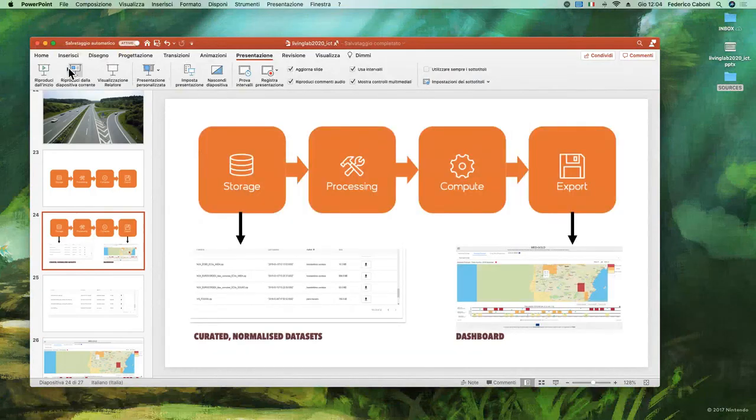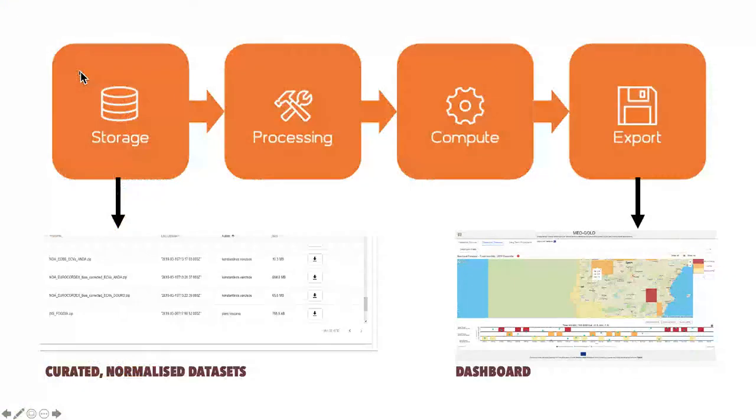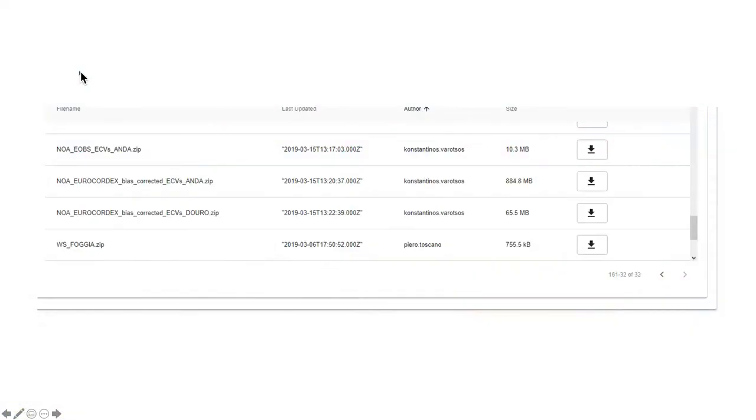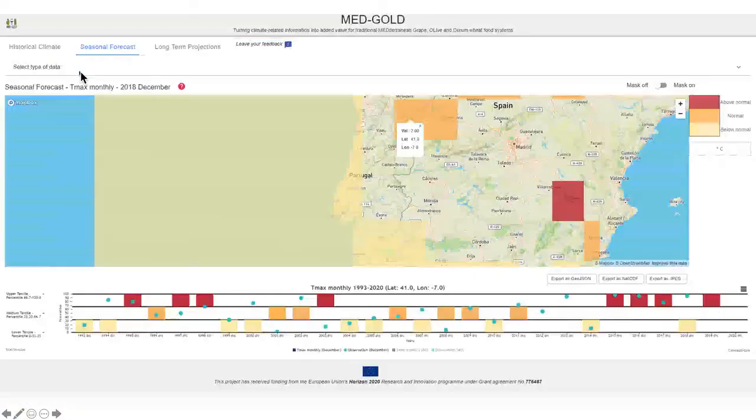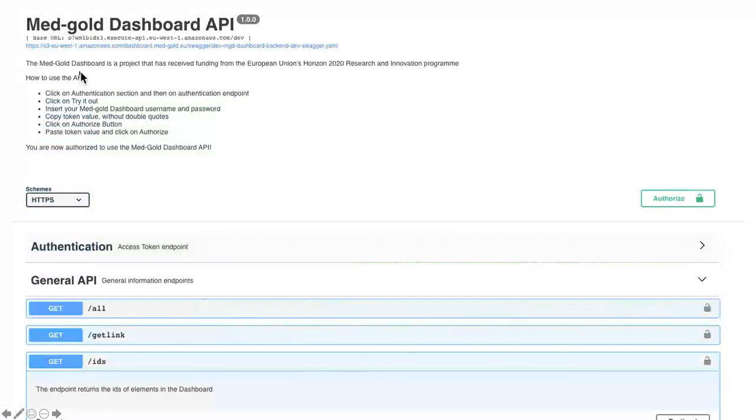We needed to implement a system that, of course, scales, so it can actually support thousands of users at the same time without failing, being available, and so on and so forth. But also, we need a kind of system that is pretty flexible with where a user can access. So we've got the files, we've got the dashboard, which is quite the end of the pipeline, and we've got the API, which is a machine-to-machine kind of thing.